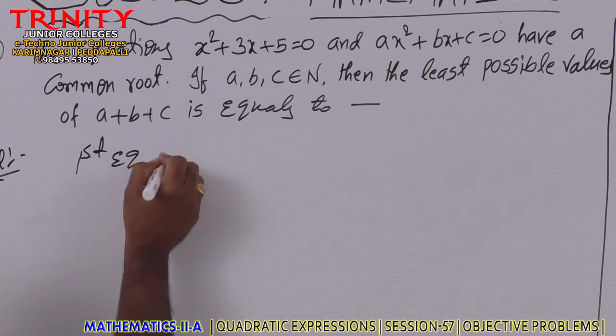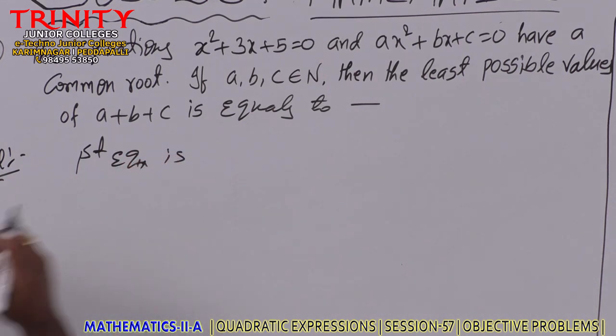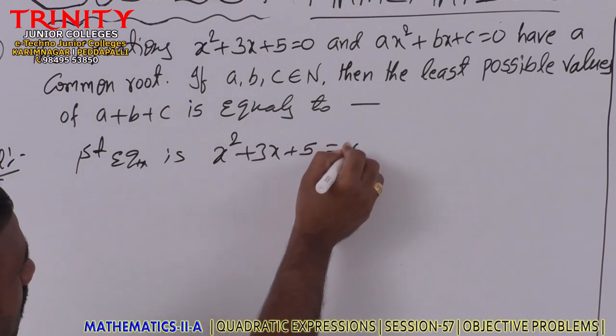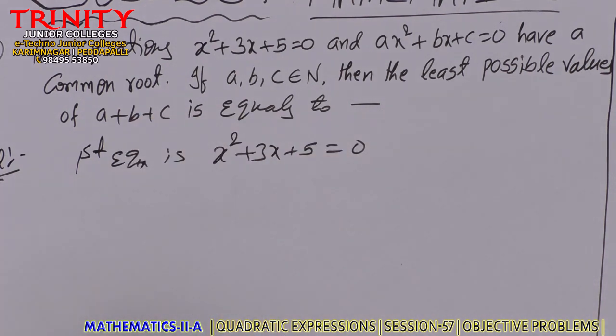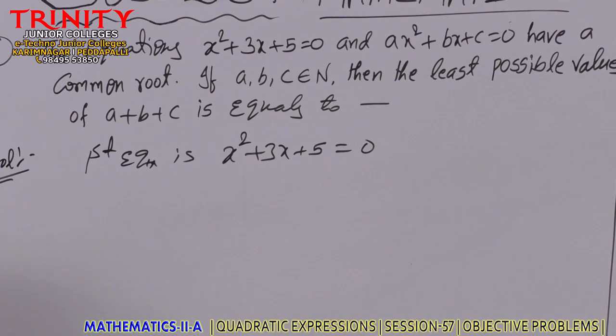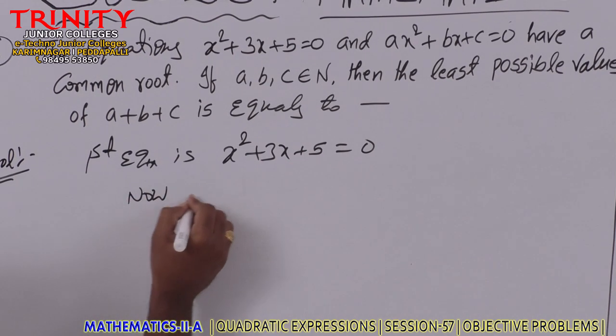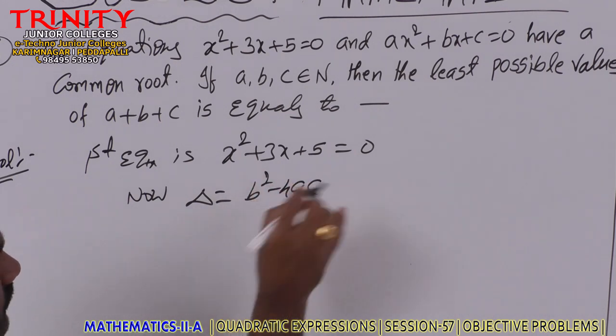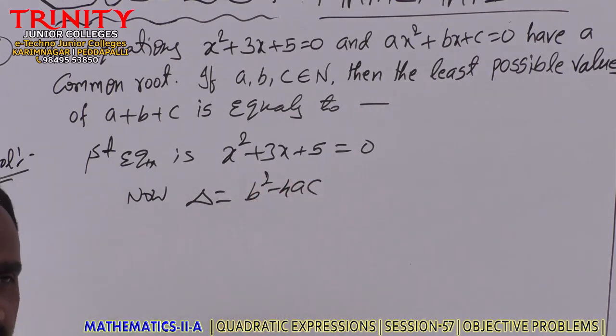First equation is x square plus 3x plus 5 equal to 0. Find its discriminant. Delta is equal to b square minus 4ac. If the discriminant is less than 0, it has imaginary roots.